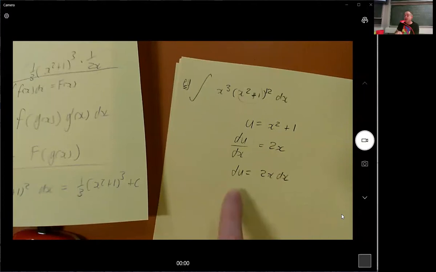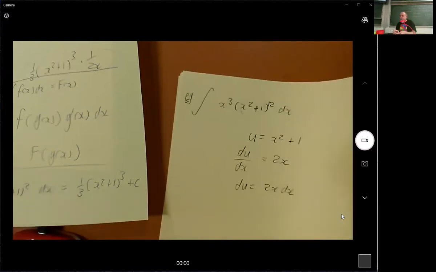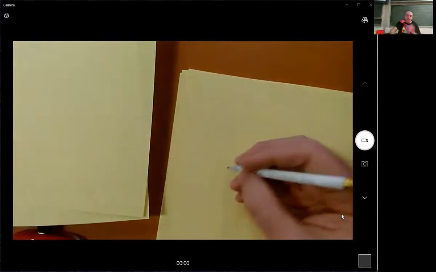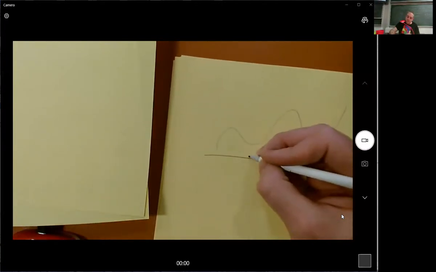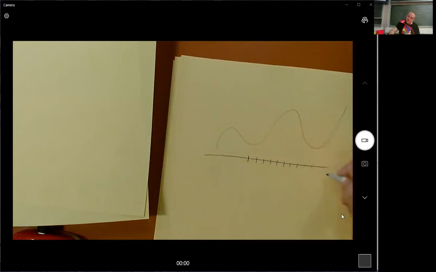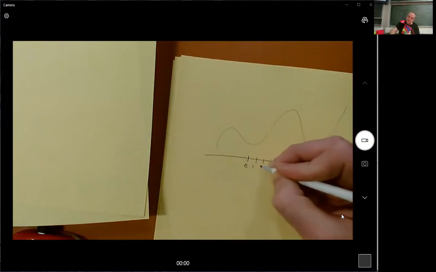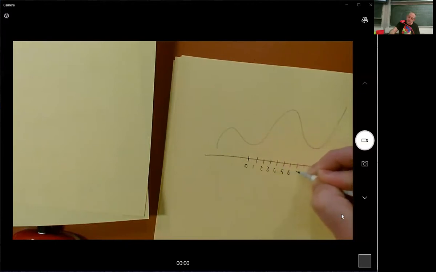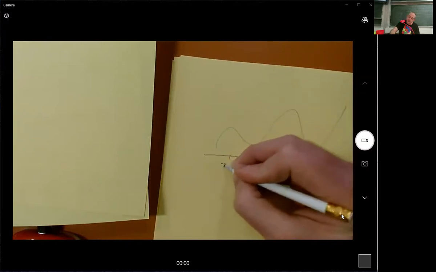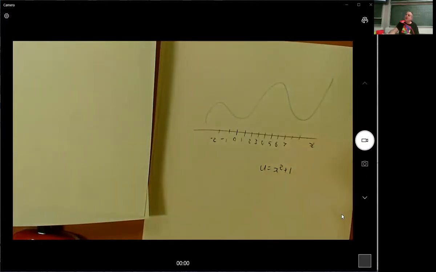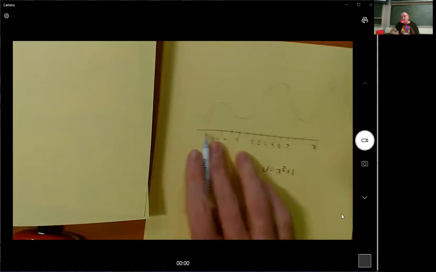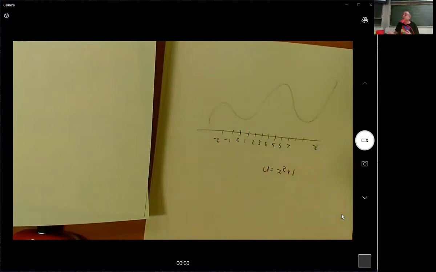But this is useful actually, and this is getting at what substitution is doing to the graph of the function. You've got some wicked function, and this is all marked in terms of x. If I said that u was equal to x squared plus 1, then each of these values of x would go with a different value of u.